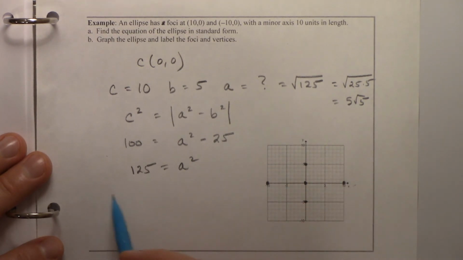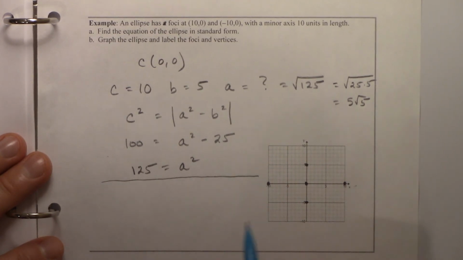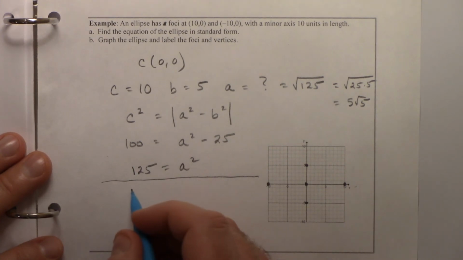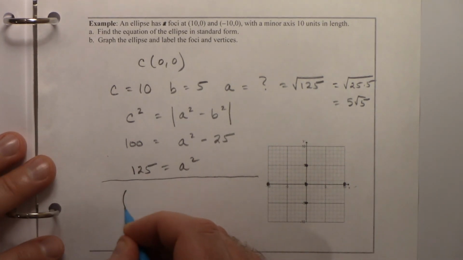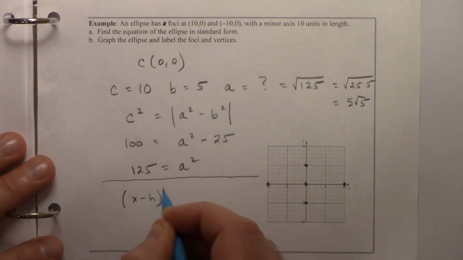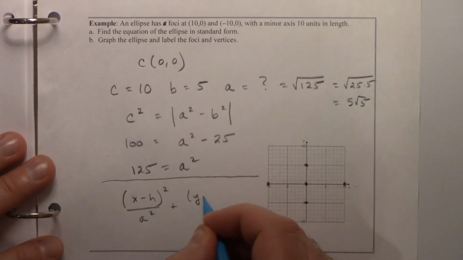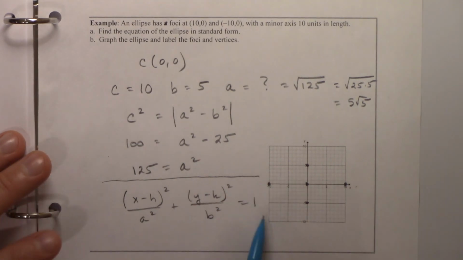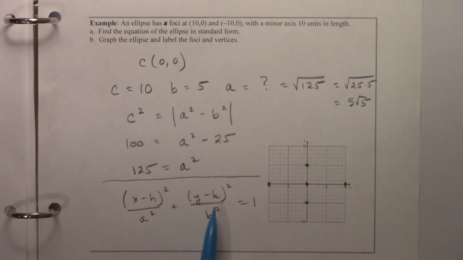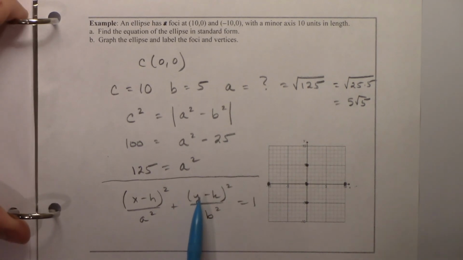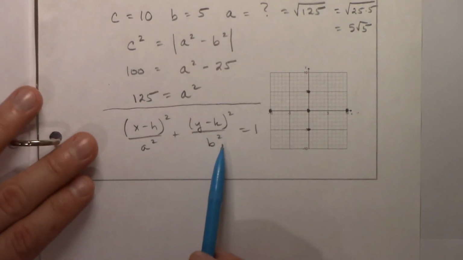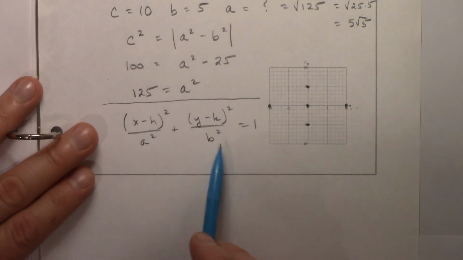So if you look, we've got all the key pieces of information. The equation of an ellipse is always (x minus h) squared over a squared plus (y minus k) squared over b squared equals 1. Well, this center has coordinates 0, 0. Let me move this up a little bit, make sure I have plenty of room. So the center was at 0, 0.